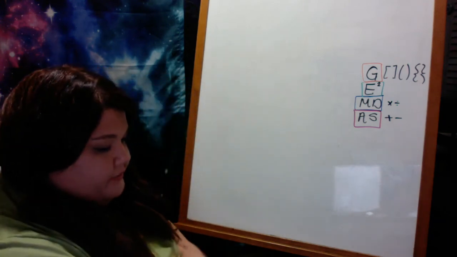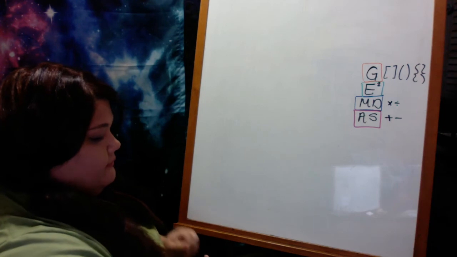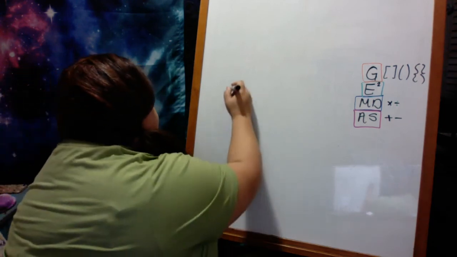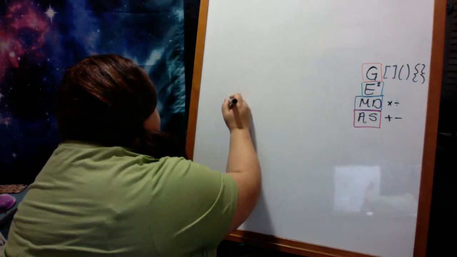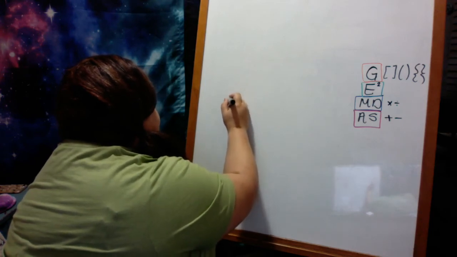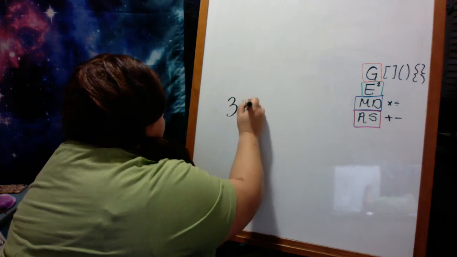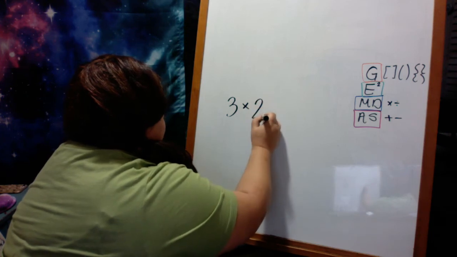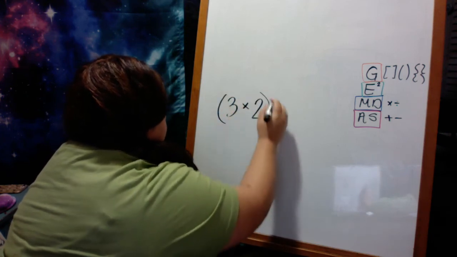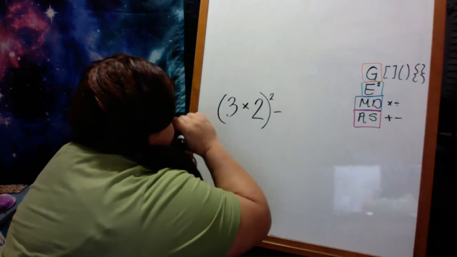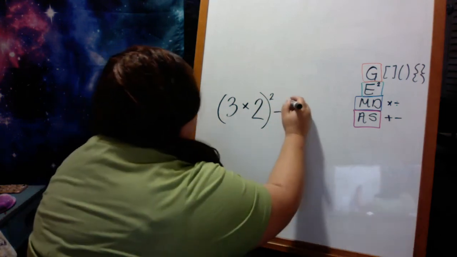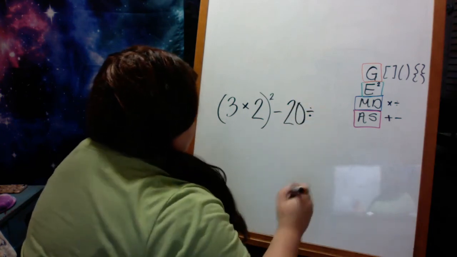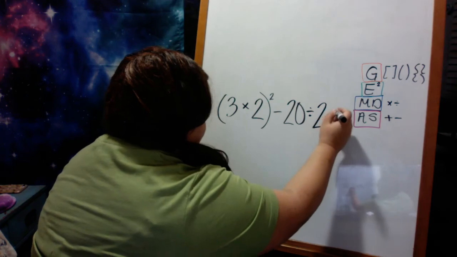Let's do 3 times 2 squared minus 20 divided by 2 plus 1.